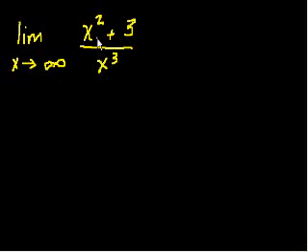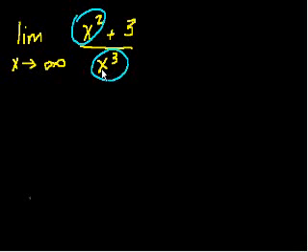But the way I think about it is, in the numerator, kind of the fastest growing term here is the x squared term, right? In the denominator, what's the fastest growing term? Well, in the denominator, the fastest growing term is this x to the third. Well, what's going to grow faster, x to the third or x squared? Well, yeah, x to the third is going to grow a lot faster than x squared.